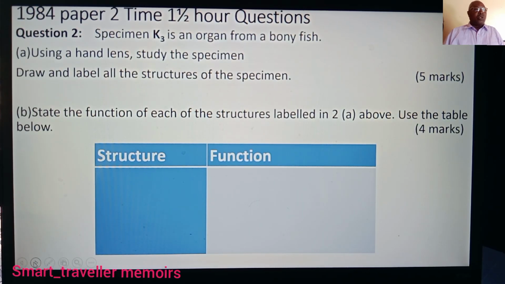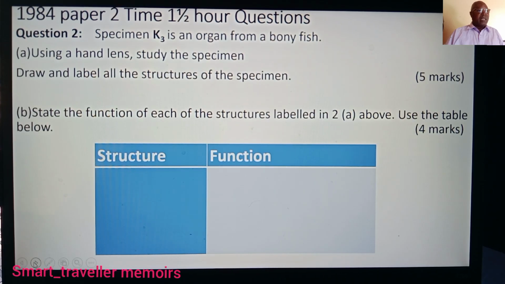We now come to question 2. Specimen K3 is an organ from a bony fish. Part A, using a hand lens, study the specimen. Draw and label all the structures of the specimen.